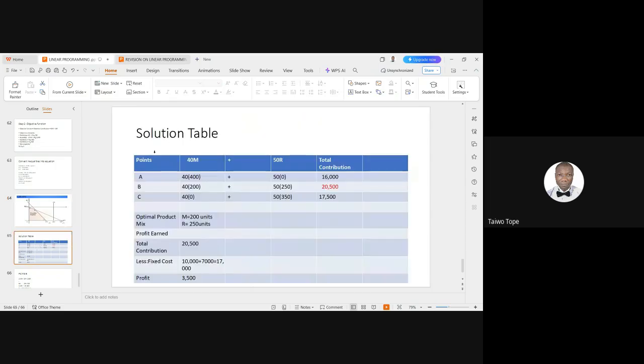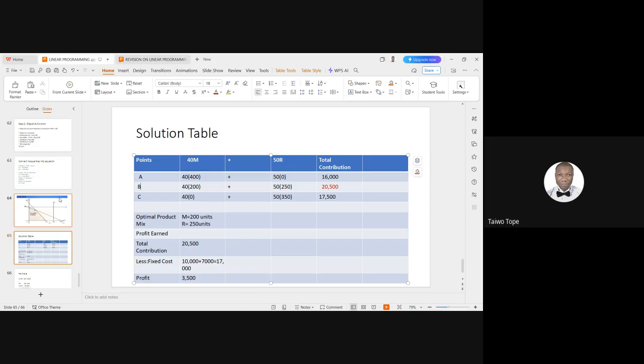So if you have 0 Maso and 350 Russo, and you substitute into this equation, your total contribution will be 50 multiplied by 350, which is 17,500.